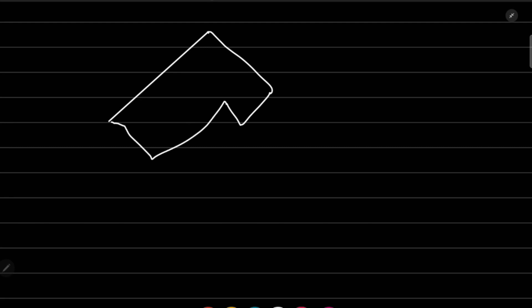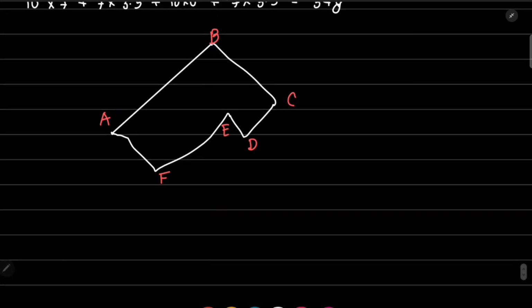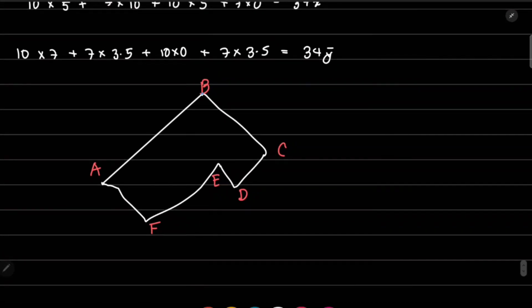Now in any case, if a lamina or a framework is hanged from a point, so if I have this shape with the points A, B, C, D, E, F, and I'm told that B is taken as the fixed point, so we are hanging it through B, and the center of gravity will be somewhere over here.